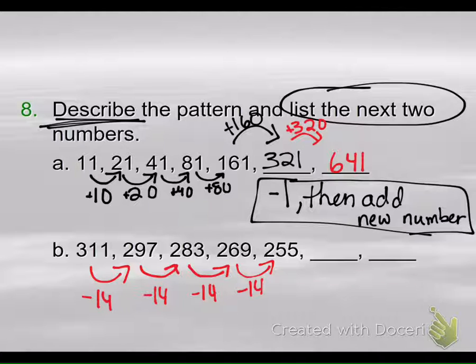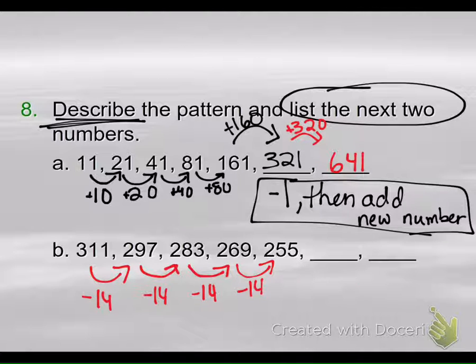Yes. Good. So do you see how I thought I knew what was happening, but I used the different numbers to check myself? On the previous example, some of you were just finding the way to go from the first number to the second number and assuming that's what you did every time. That's why we give you more than 2 numbers, so you can test to see if your pattern is actually working. So here the minus 14 seems good.